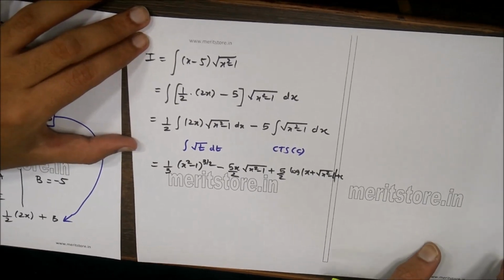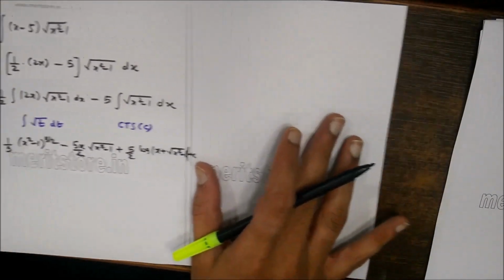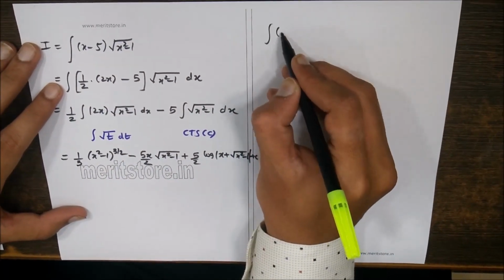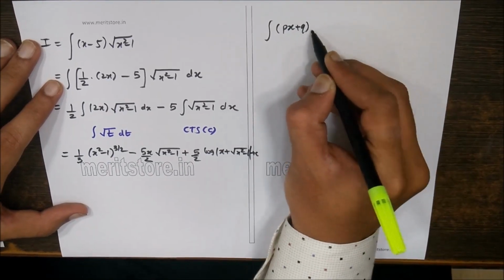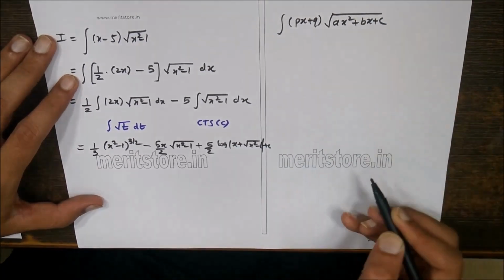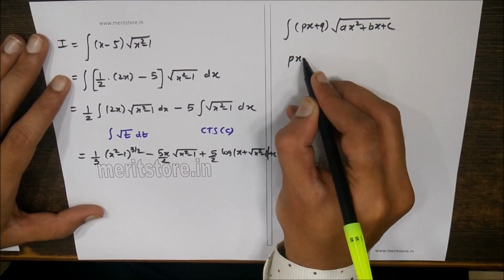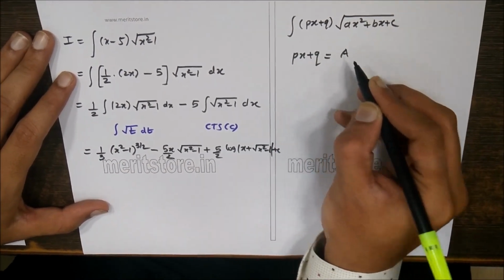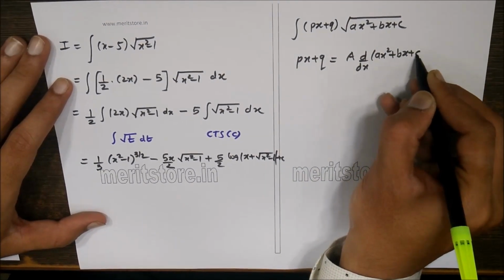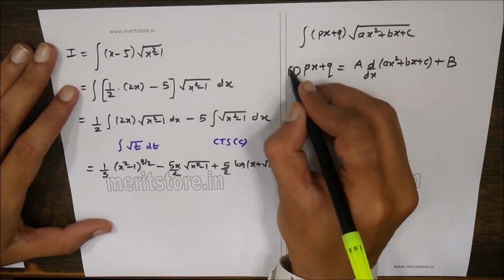So in generality, whenever we have integral of px plus q into root of ax square plus bx plus c, our steps would be: the linear term px plus q is a times derivative of that quadratic term plus b. Step 1.